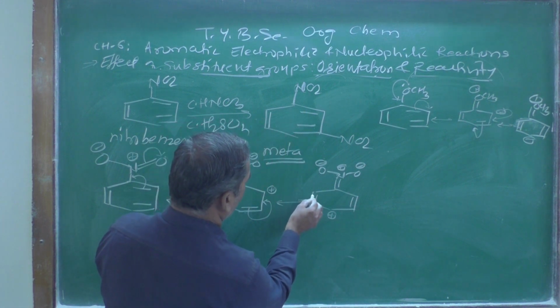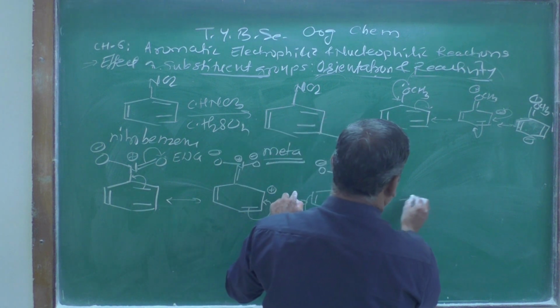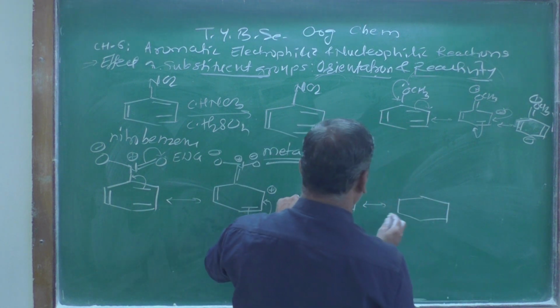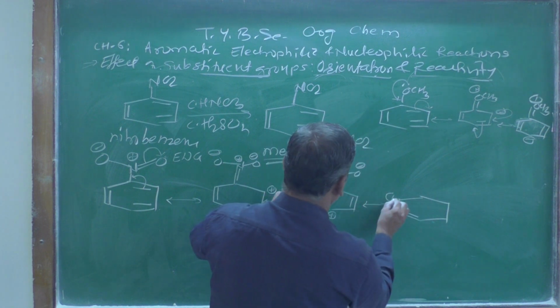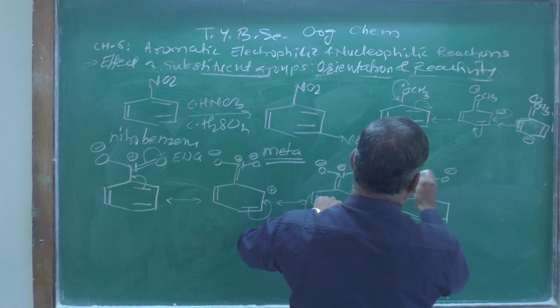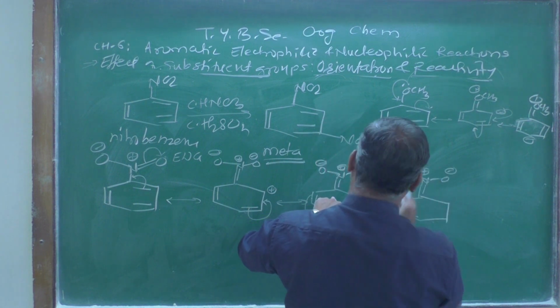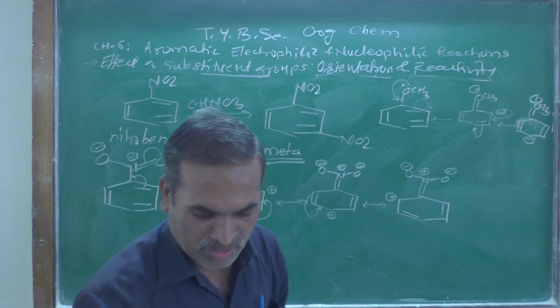Now this double bond shifted from here to here, so the next structure will be this one. Now what are the changes I made? Double bond here, positive charge at this corner point, this double bond, O minus positive charge here, and this double bond remains as it is over here.